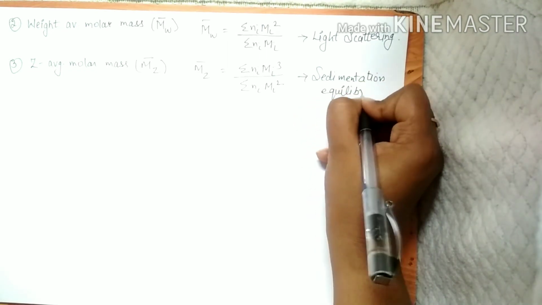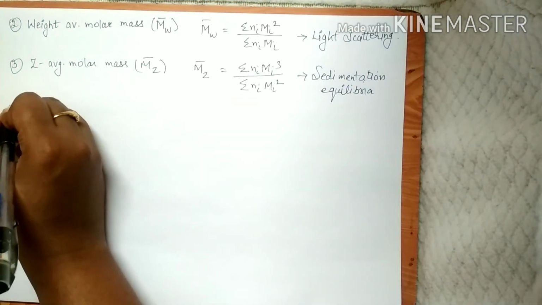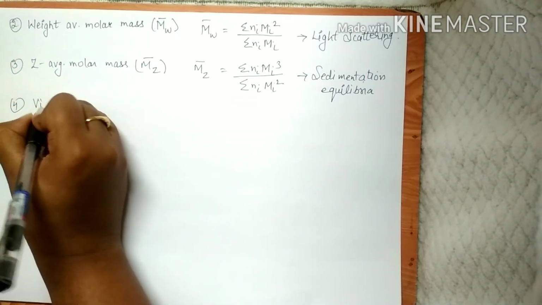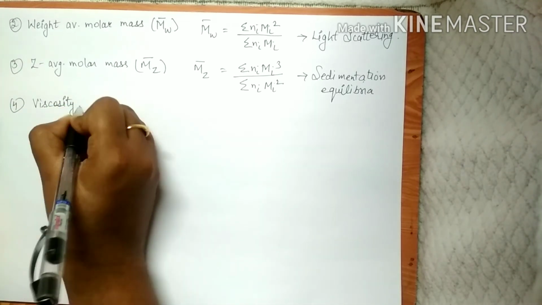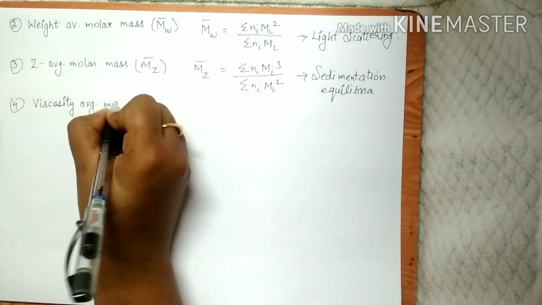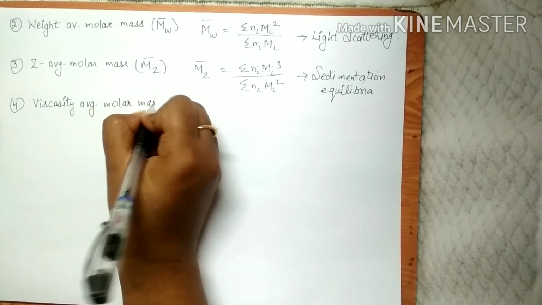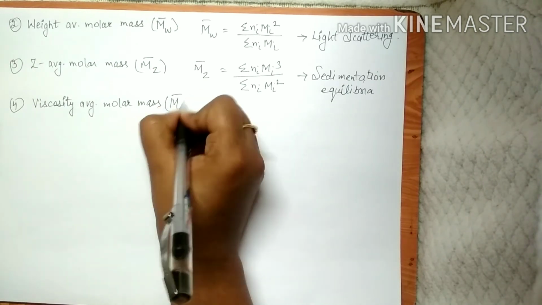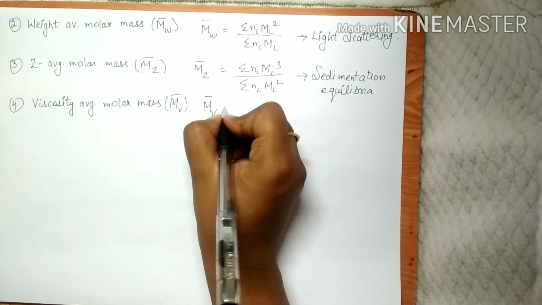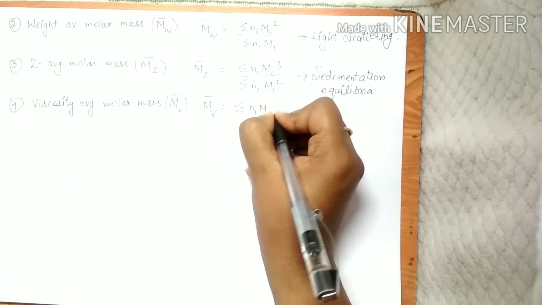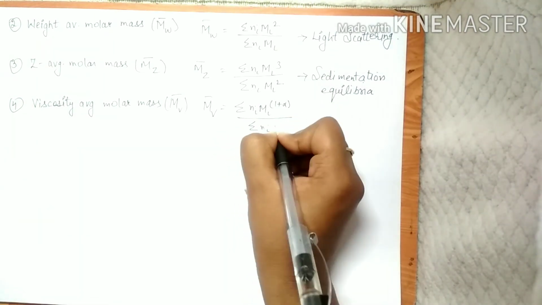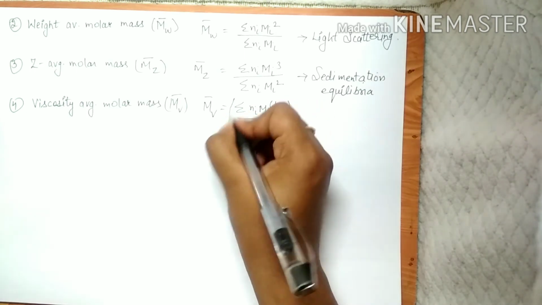Okay, now the fourth and the last formula which is viscosity average molar mass. It is represented by Mv bar, and the formula for Mv bar is equals to sigma Ni Mi to the power 1 plus alpha upon sigma Ni Mi, whole to the power 1 by alpha.